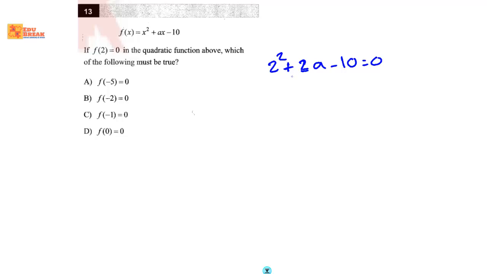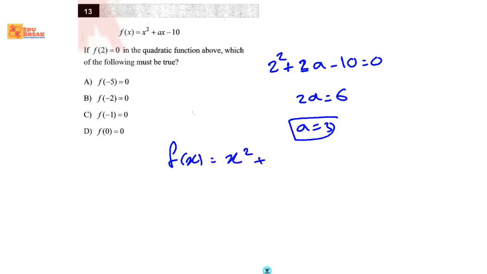Means we have 4 minus 10 equals negative 6. Means 2a equals 6. Means a equals 3. So the function will be x squared plus 3x minus 10. Okay, this is the function.